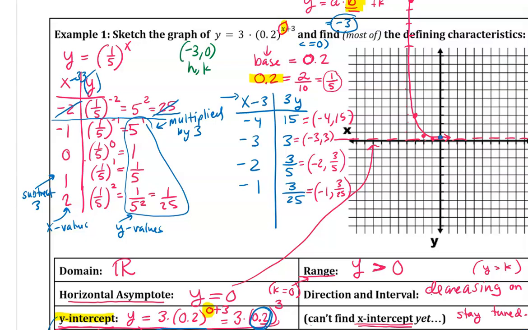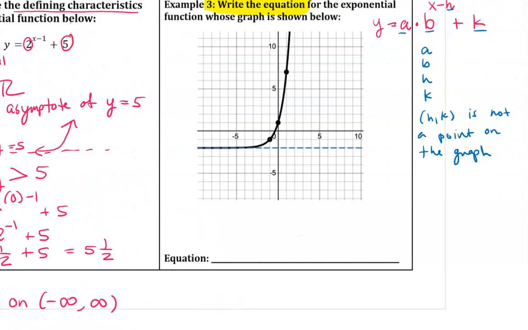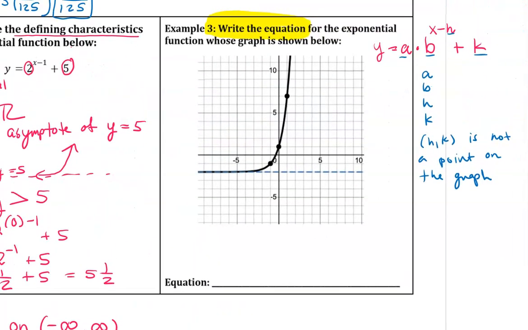It was this point on the asymptote that was directly below that point, the -3, 3. So it's not like I can just say, oh, here's the vertex, that's hk. Instead, usually what I do is I go to the asymptote and look for what the middle might be.